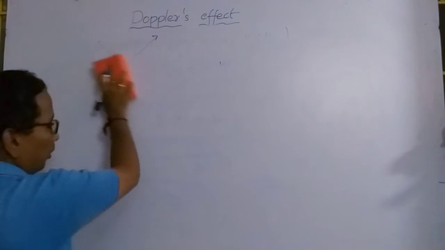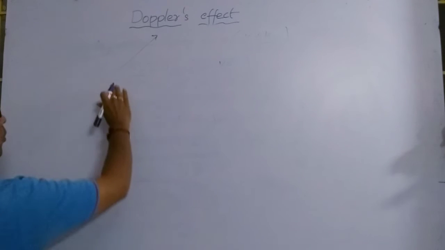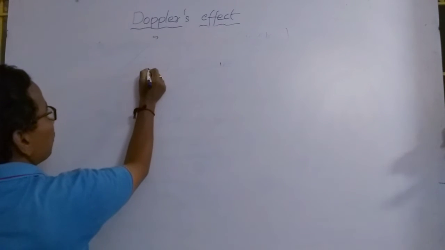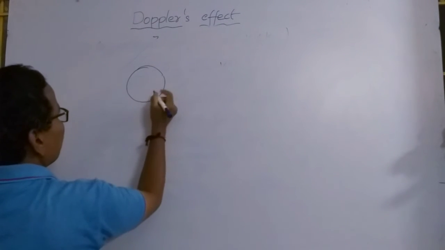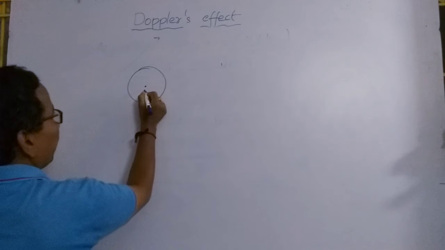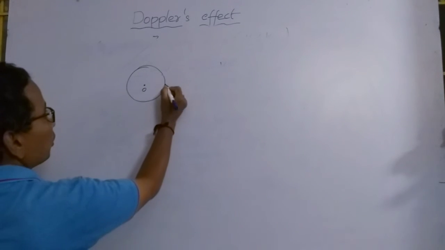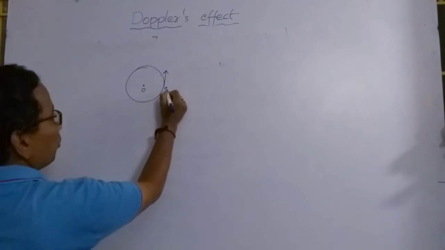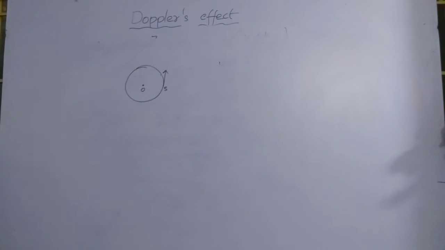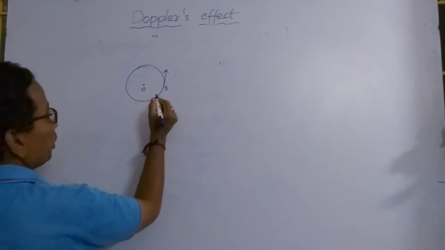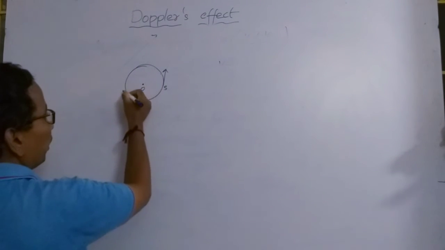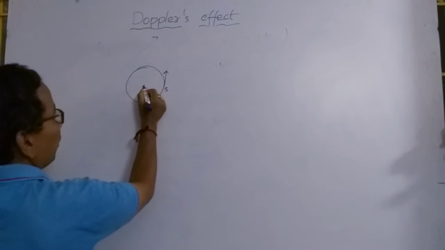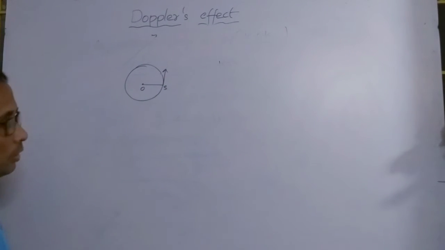Next, some cases. Suppose the source or the observer is considered at rest. The source is moving along a circle, like this. In this situation, the source is rotating along the circle, but the observer is at the center.